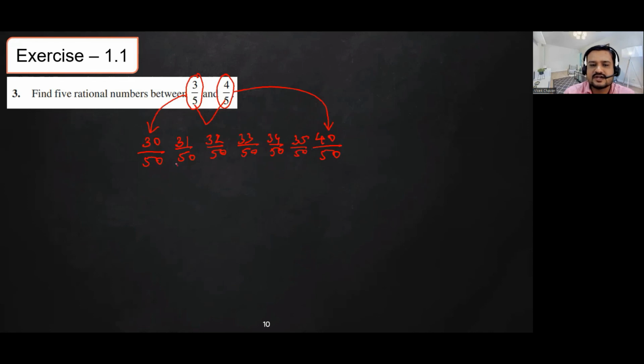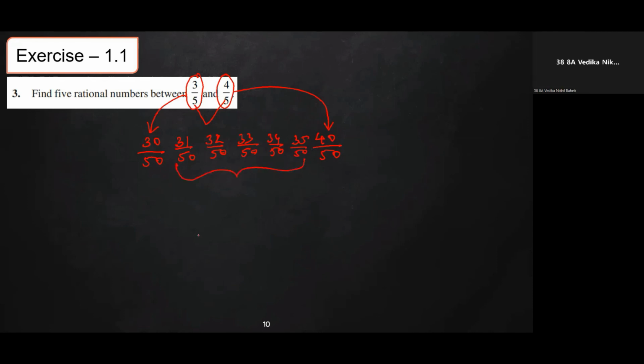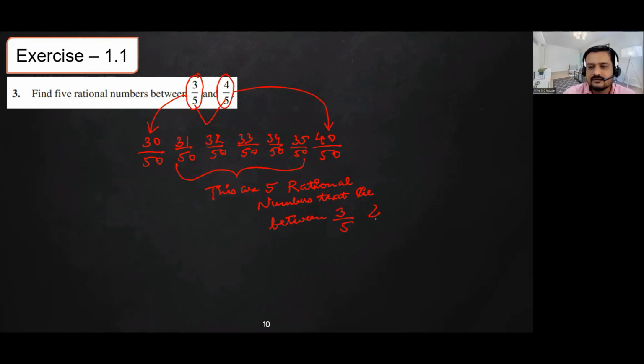These are the 5 rational numbers that lie between 3 by 5 and 4 by 5.